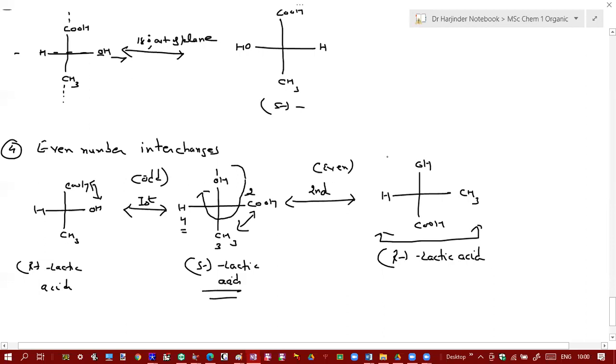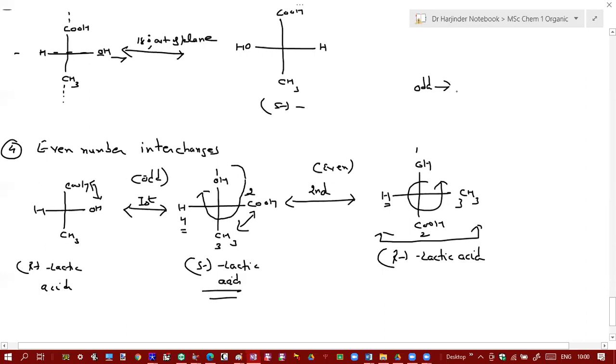How is it R? 1, 2, 3. You can see it is moving anti-clockwise. The lowest priority group is on the horizontal line, so we have to write down the opposite. So it is R. So what you can conclude: if you do an odd number of interchanges, does the configuration remain the same or become opposite?